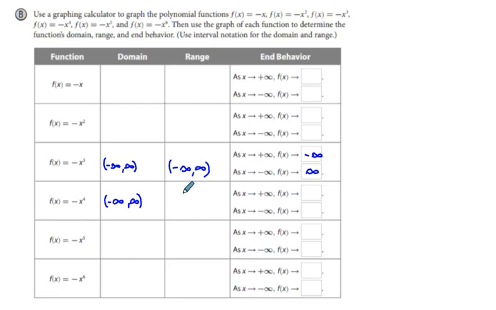And so in this case, our range is going to be greater than negative infinity, up to 0, and we bracket that off. And then our end behavior: as x approaches infinity, f of x approaches negative infinity. So you're going down as you go to the right. As you go to the left, as x approaches negative infinity, f of x also approaches negative infinity. And then you go and fill in the rest of these.